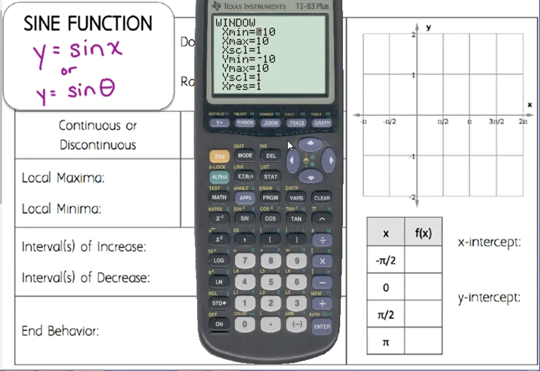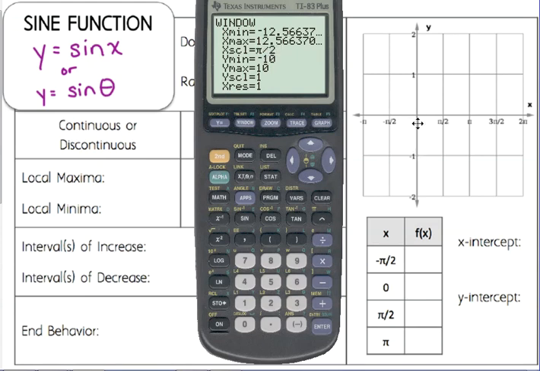All right, so in your window, here's what I want us to do. For the x minimum, I want us to do -4 pi. Okay, put -4 pi and then put +4 pi for the x maximum. When you hit enter, it's going to take that pi and convert it to a decimal. For the scale, usually we don't mess with that, but let's go ahead and put pi over 2.